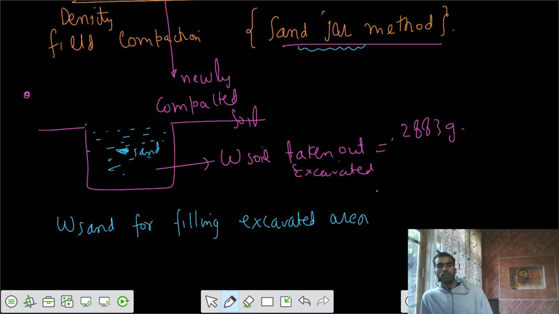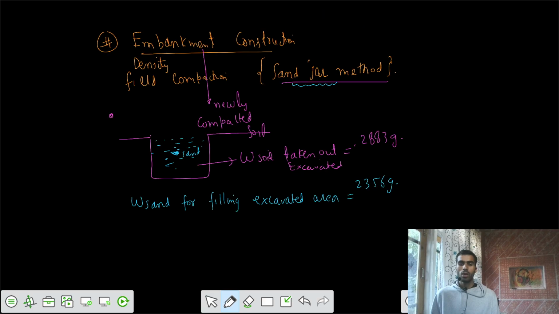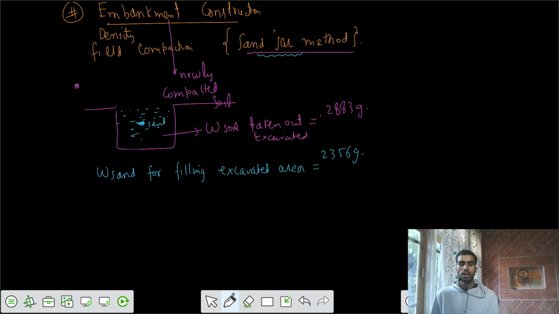Weight of the sand for filling the excavated area is equal to 2356 grams.